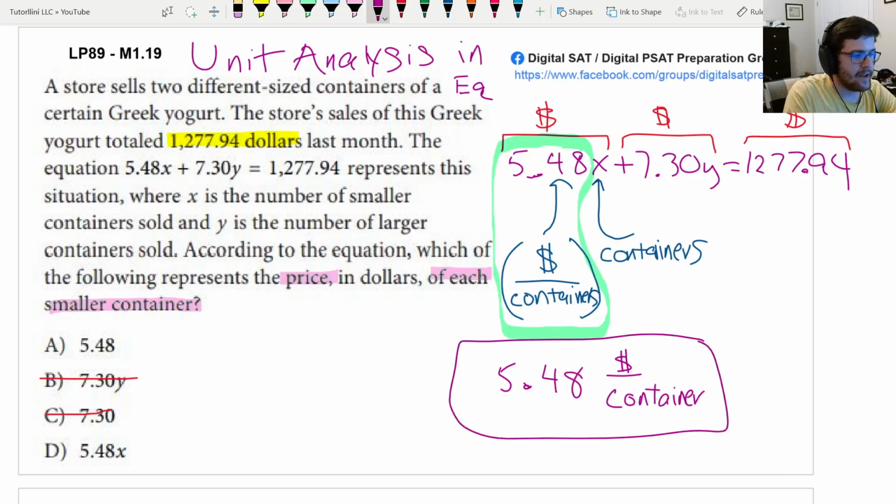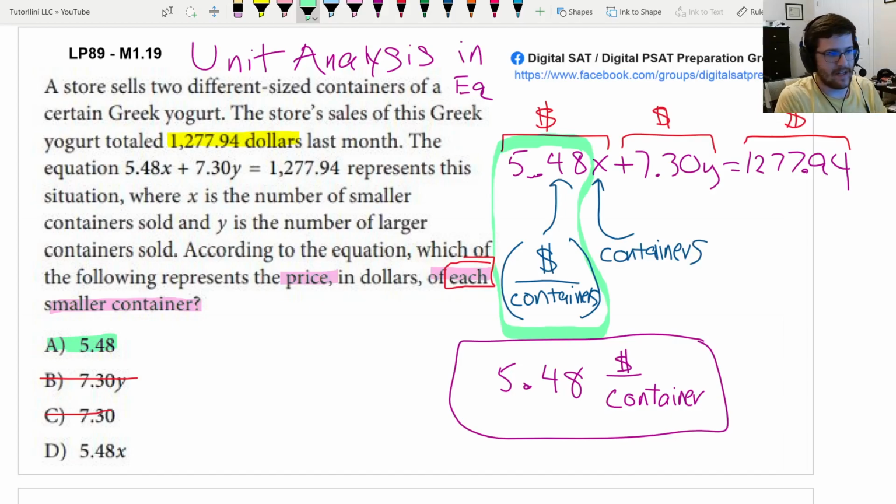And that is the price for each container. Each is a very similar word to per. So our answer should be 5.48. Let's see. Is it A? Yep, A is correct.